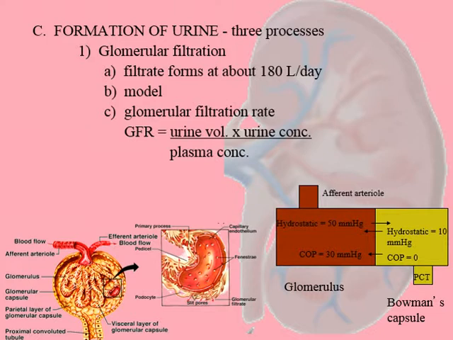And so if we look at the colloid osmotic pressure in the glomerulus, it's about 30 millimeters of mercury. And the colloid osmotic pressure in the Bowman's capsule is essentially 0 because proteins don't come through, but if they do come through, they move out of there. That 30 millimeters of mercury colloid osmotic pressure is quite high, right? Compared to when we were doing our capillary membrane dynamics before.